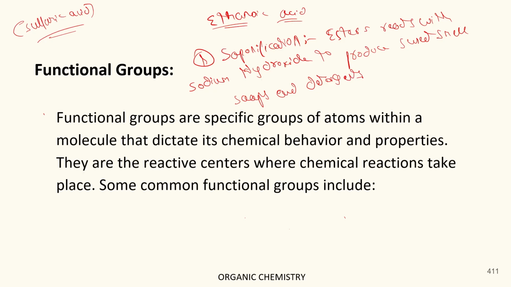Got it? So basically, if you remember that during the acid and bases chapter, I had told you that base is basically used for soap manufacturing. Got it? So saponification is a process of preparing soap from the ester.